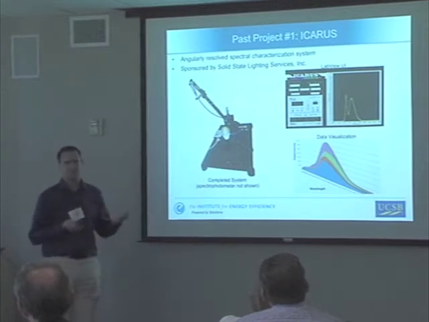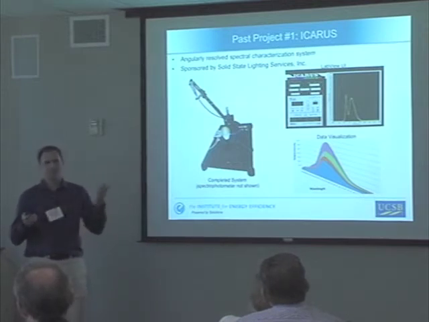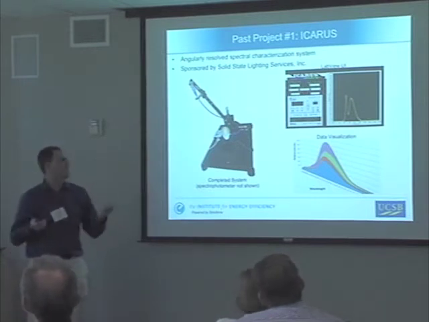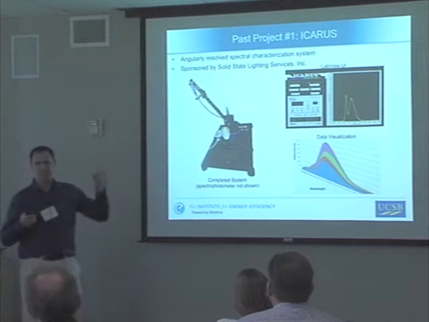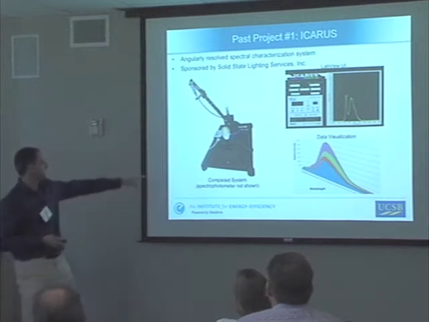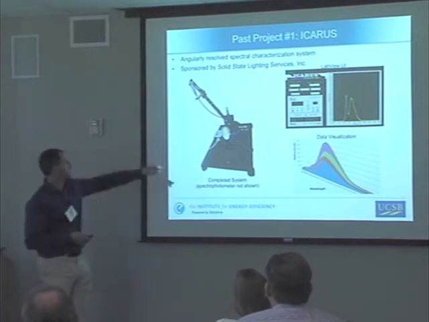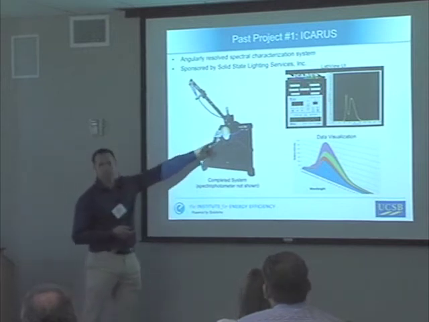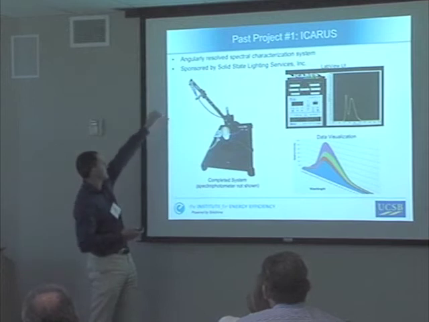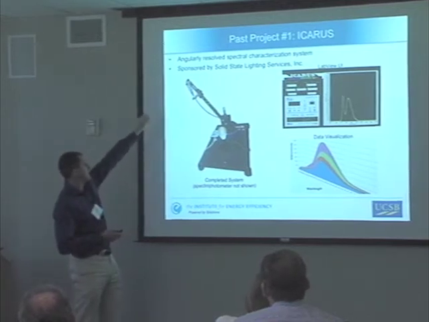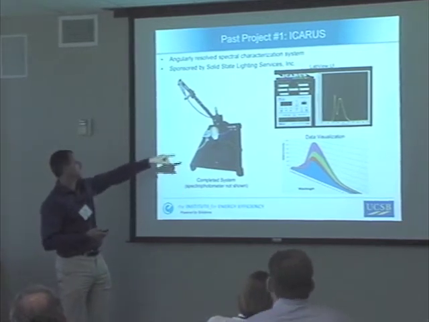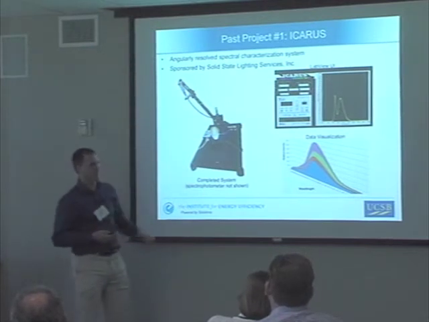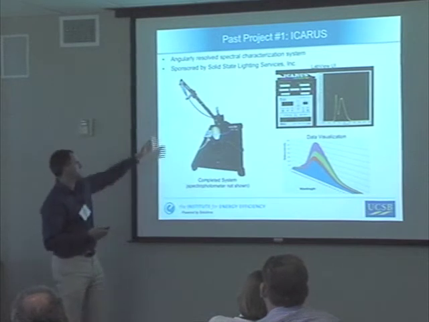And so there isn't really an industry standard for analyzing this aspect of bulbs, and he basically wanted a tool that he could use to analyze the spectral intensity as a function of angle. So this was the tool that the students built. It's a goniospectrophotometer, so you could mount your replacement bulb right here, and it has a big lever arm that collects the light up here and transports it to a spectrophotometer, which isn't shown here.